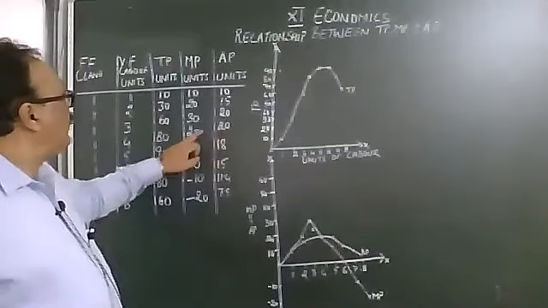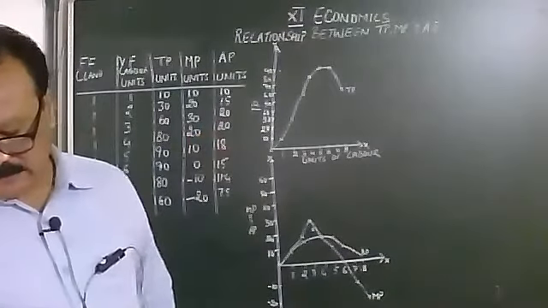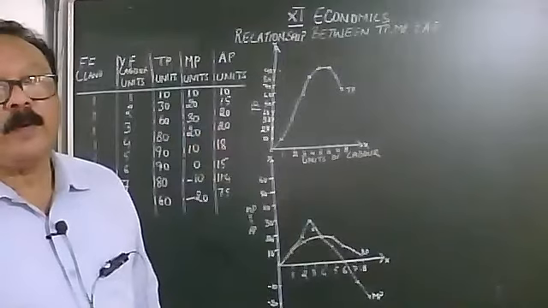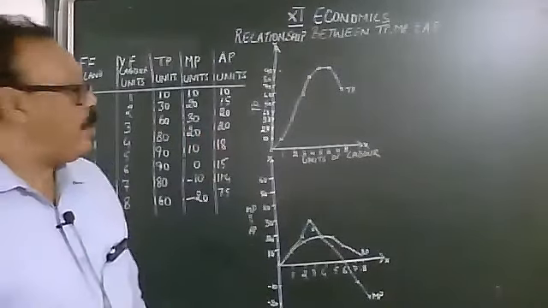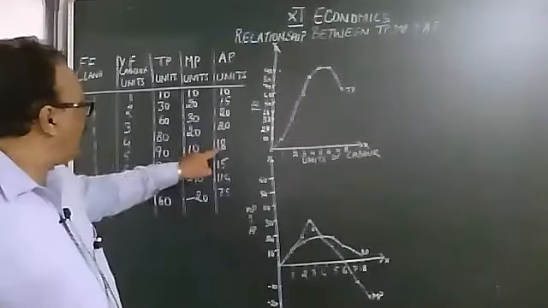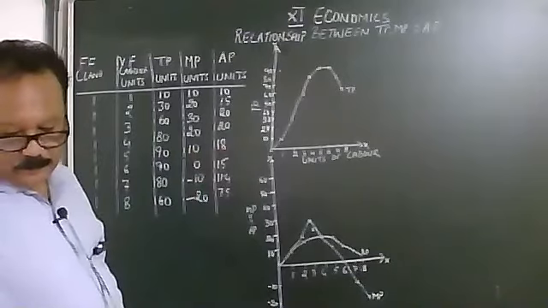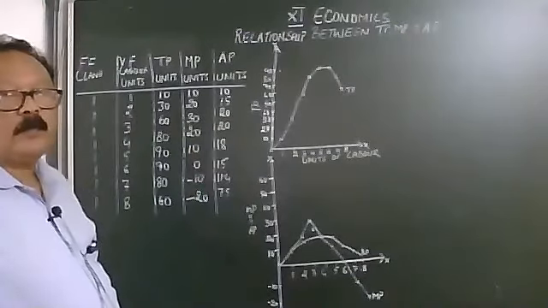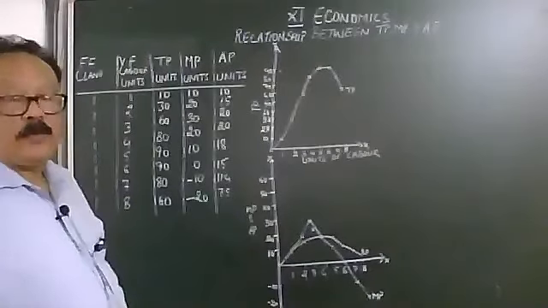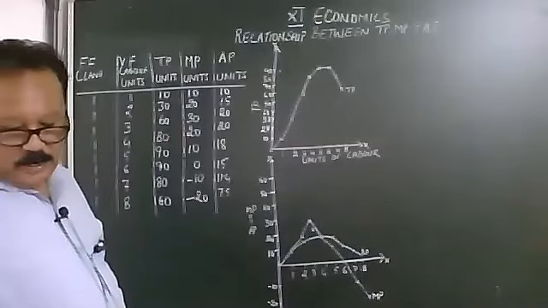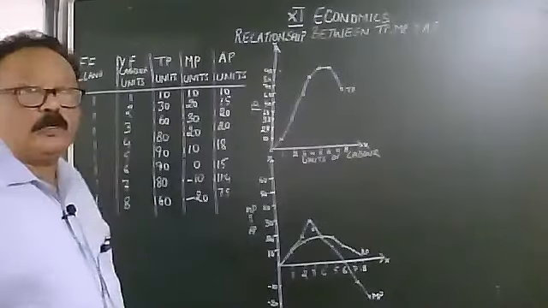When MP is equal to AP, AP's value is the maximum. Third, when MP is less than AP, AP decreases. That is from the 5th to the 8th unit.